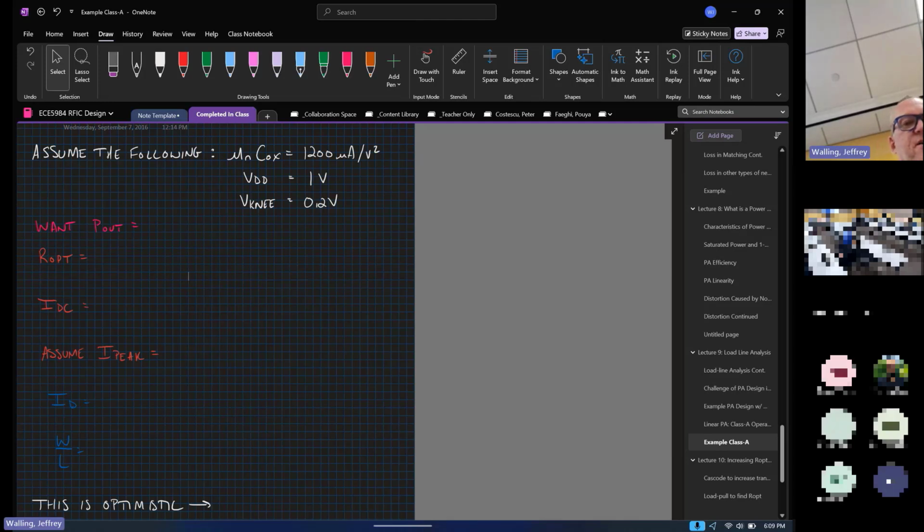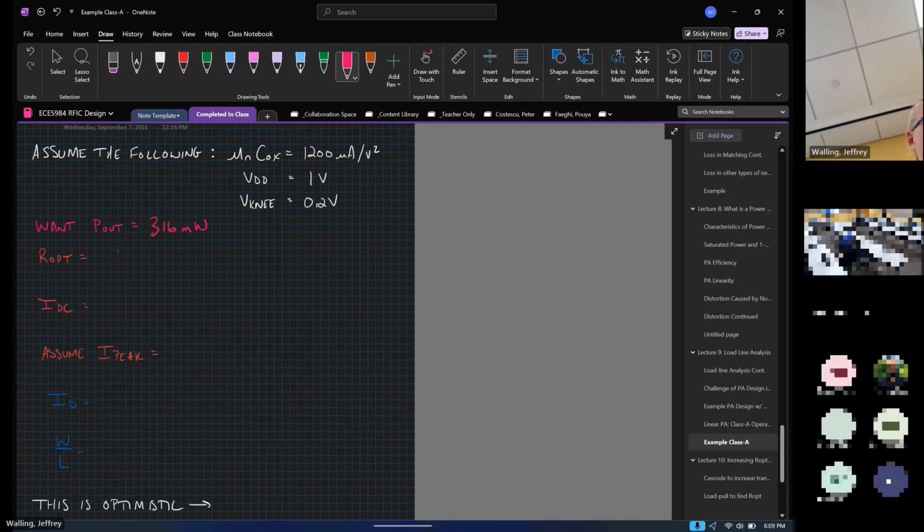Okay, so we want our output power again to be 316 milliwatts. So let's say we're designing the same exact power amplifier that we were before. We can plug our numbers in again.